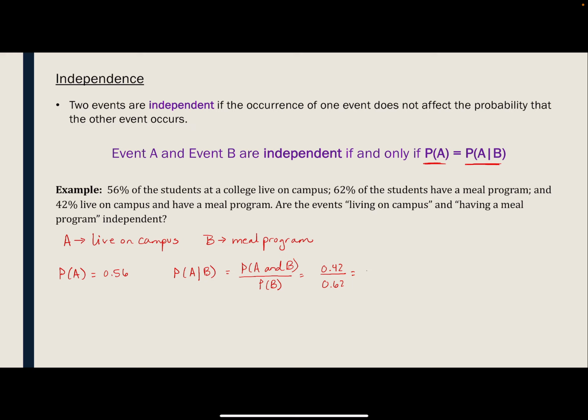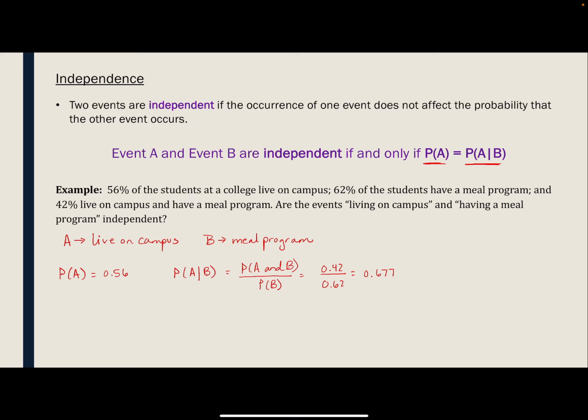This is 0.677. So notice that the probability that a student is living on campus changed.